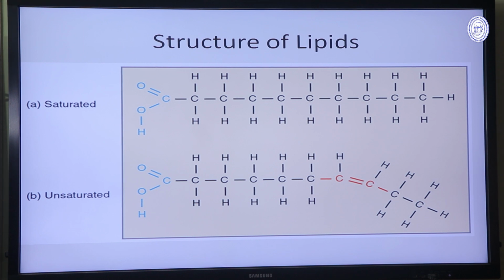In the upper portion, you can see that the tail or the hydrocarbon chain is just straight because all the carbon atoms are linked in a single bonded condition, whereas in the lower structure, the carbon bonded with another carbon by double bonds shows a bend or kink. So, this is the structural uniqueness of unsaturated fatty acid.